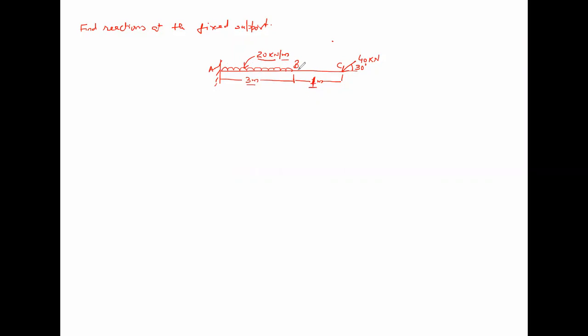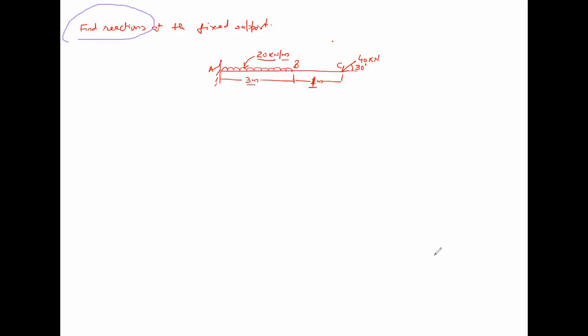The BC span is not loaded by any distributed load and its length is 1 meter, but at point C you have applied a 40 kilonewton force inclined at 30 degree from horizontal. These are the two loadings on this cantilever, and you have to find the reactions. Good.